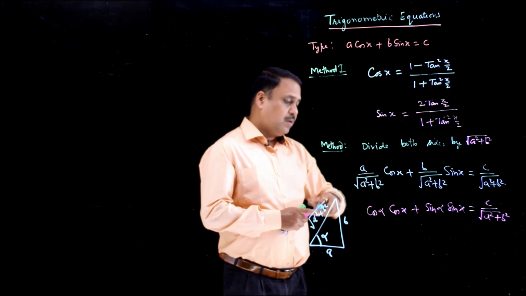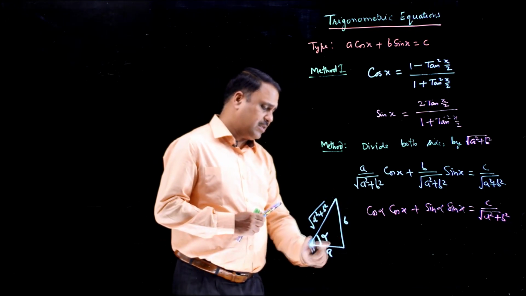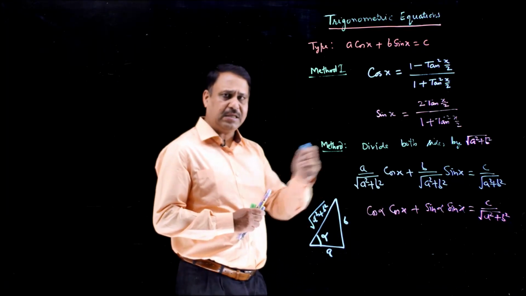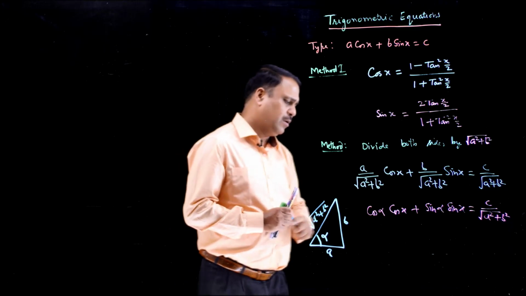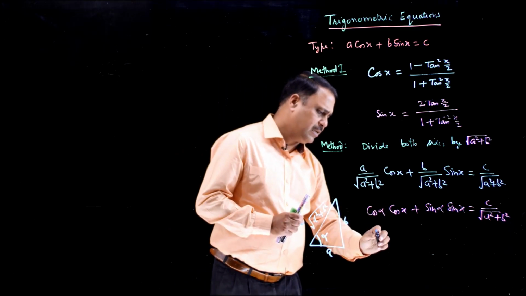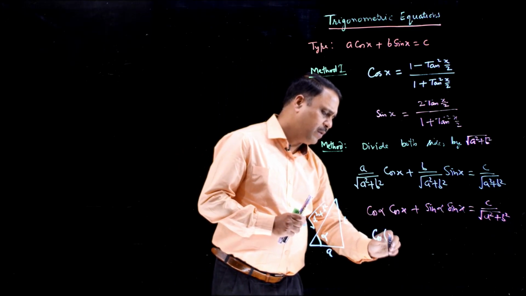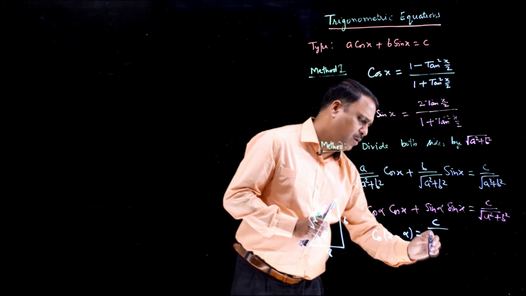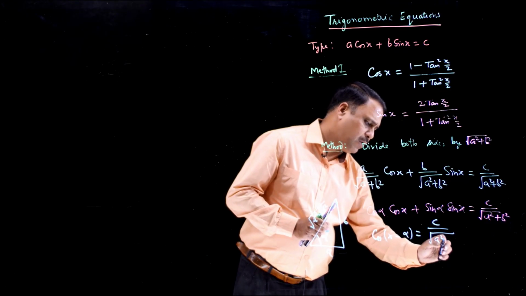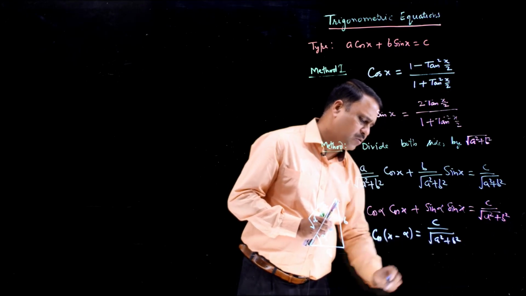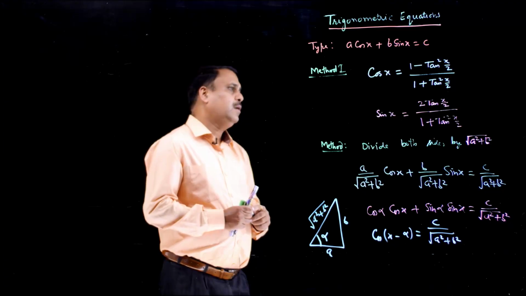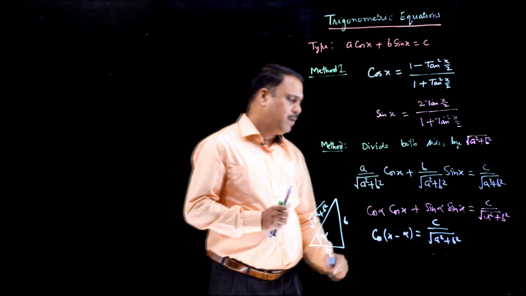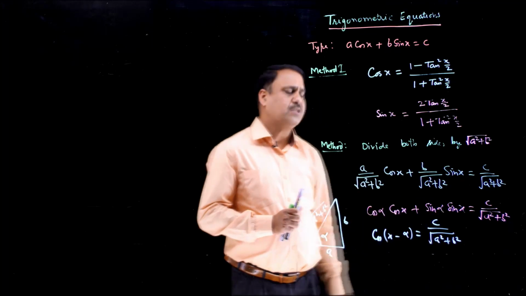Now at the same time, if I am taking this as b and this as a, it will be sin alpha, this will be cos alpha. So I can change as per my options available. So I can write this equation as cos of x minus alpha is equal to c upon under root of a square plus b square. This step is very important for finding conditions on c.